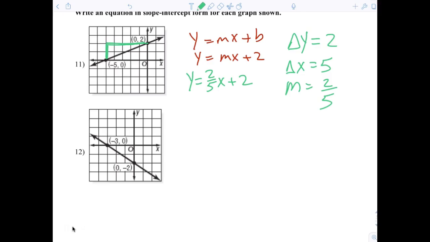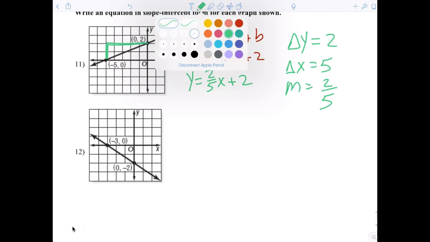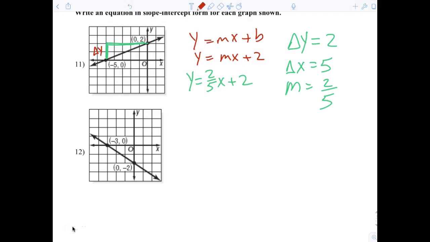Yes, sir. So for rise over run? Yeah. Remember, just to make sure, this right here is delta y, and this is delta x. You with me? So I went up 2 to the right 5.